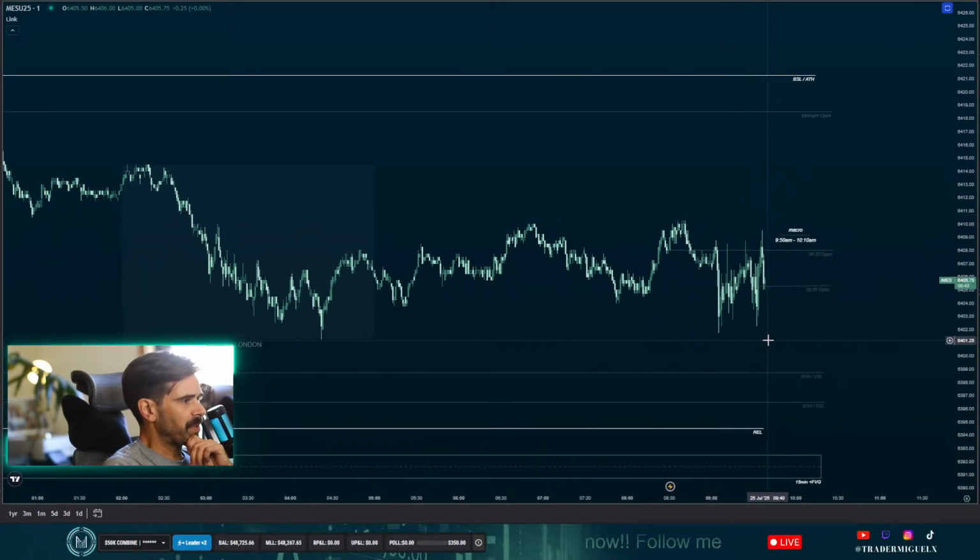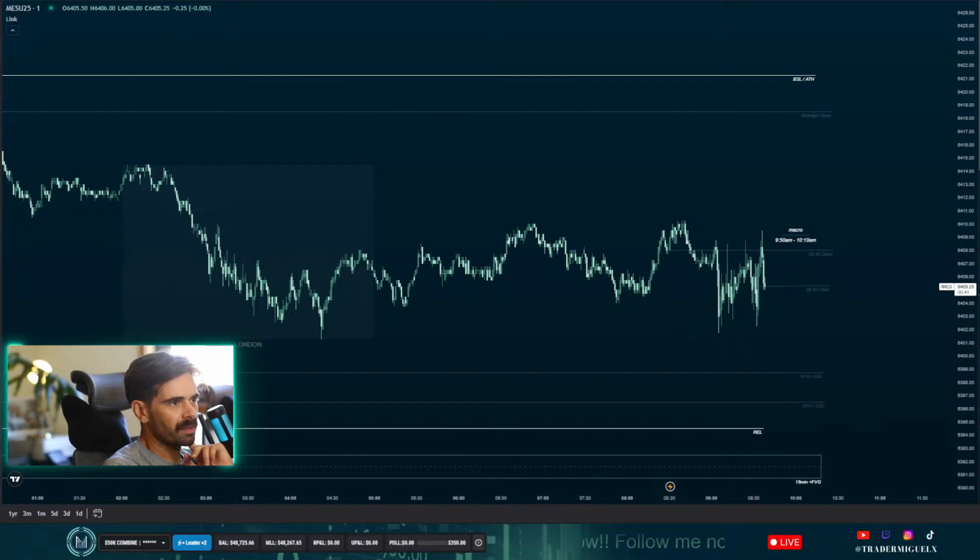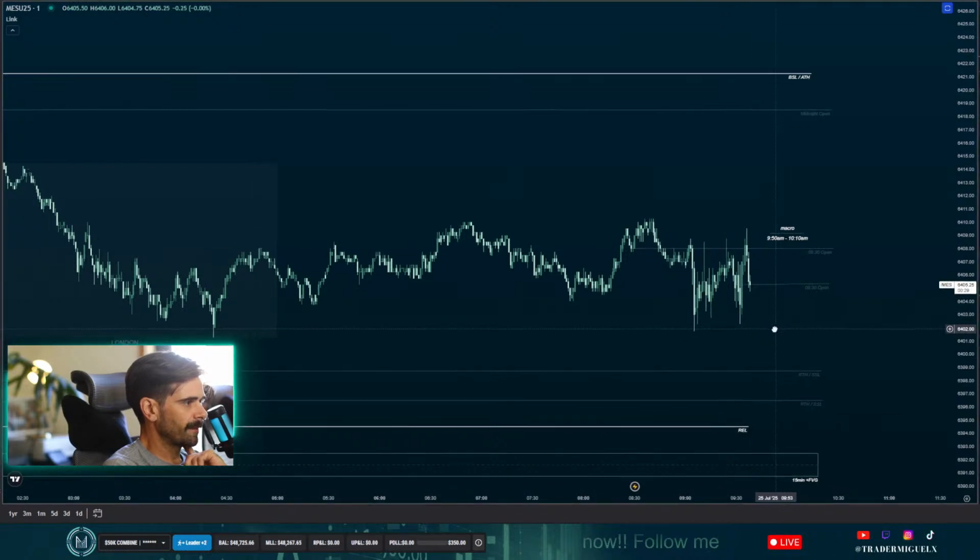So still a bit messy here, price action. NQ is a bit cleaner, delivering lower. It's already making new lows. So I believe the NQ is the weaker sister here.